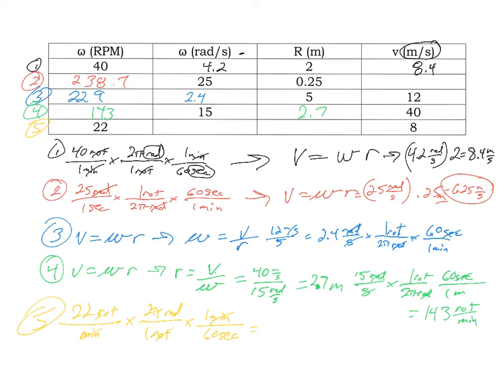When I go 22 times 2 times pi, divided by 60, I get 2.3 radians per second. So that's up here. And now I need radius and linear velocity.